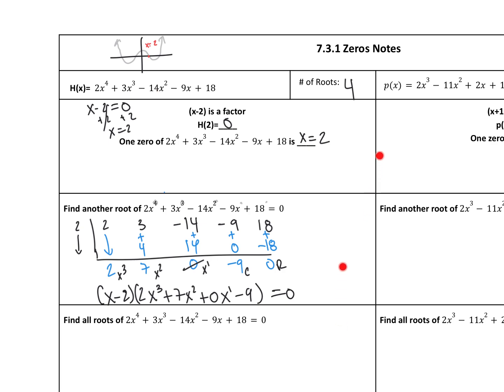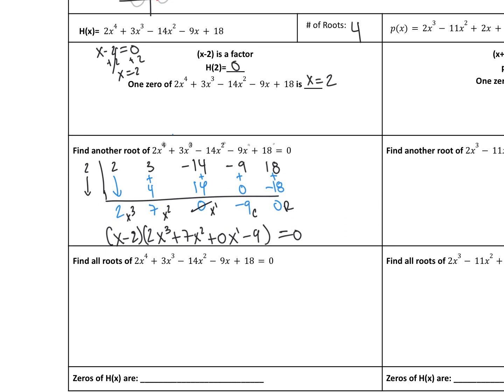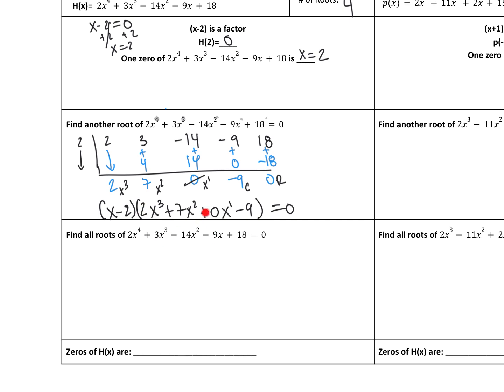So from here, I have a few options. I can try to factor this polynomial, my new factor, 2x cubed plus 7x squared minus 9. I can try maybe a grouping method, but I don't think it works with a 0. So instead, I'm going to use the theorem. It's the fundamental theorem of algebra.